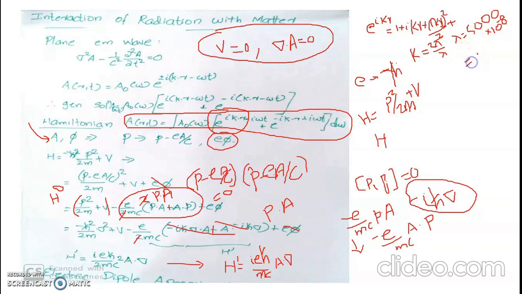That is 5 into 10 power minus 5 centimeter. Then k will be equal to 2 pi, which has a value 6.28, divided by 5 into 10 raised to minus 5.